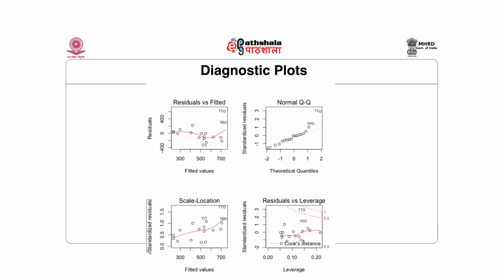You can also see that the residuals are not exactly a straight line in the normal QQ plot, so the residuals are not really normally distributed, which was not really a surprise at this stage. If you take the standardized residuals and fitted values, you see that as the fitted values increase, there is a tendency that the residuals also increase a little bit. This phenomenon is often referred to as heteroskedasticity. So it hints that a linear model probably is not the best way to explain the association between these variables and the CPK.